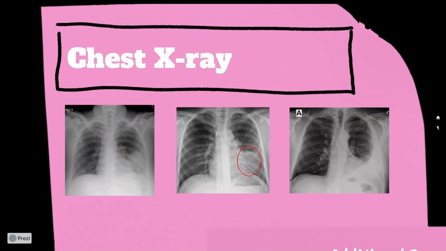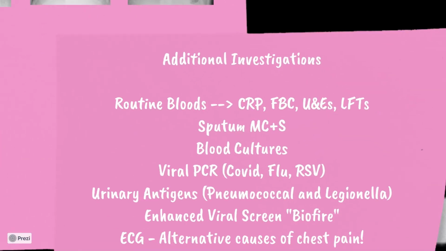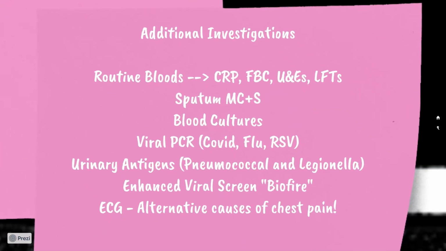Additional investigations include routine bloods such as a CRP, FBC, U&Es and LFTs. It also includes measuring their oxygen saturations so we can provide additional oxygen therapy to these patients. We also often take sputum cultures and blood cultures in an attempt to identify the underlying organism, and we can also perform urinary antigen tests, namely checking for Legionella and pneumococcal urinary antigens.